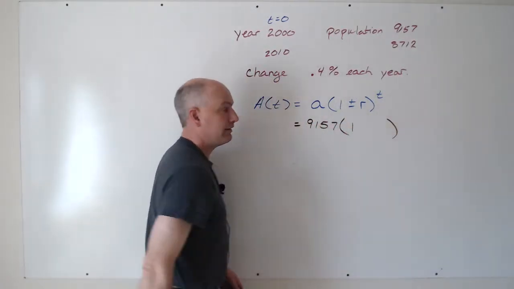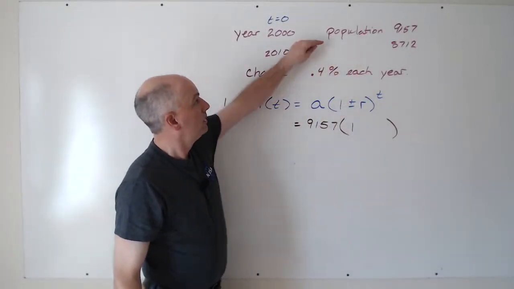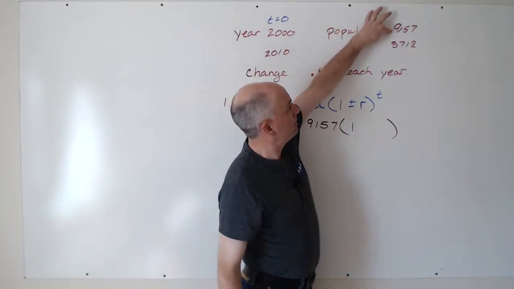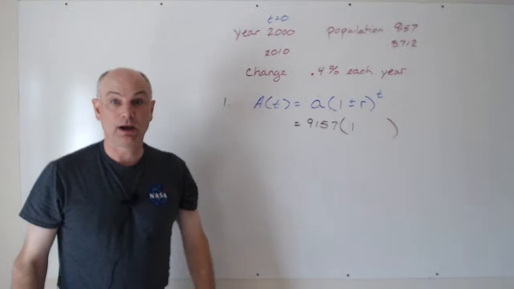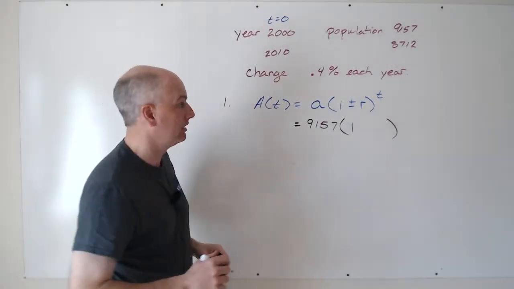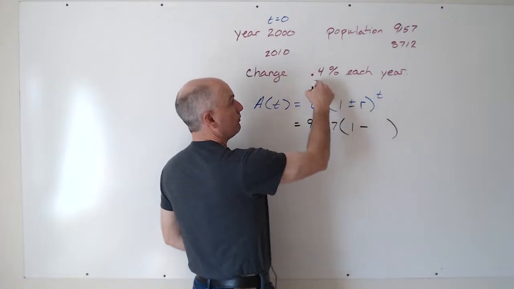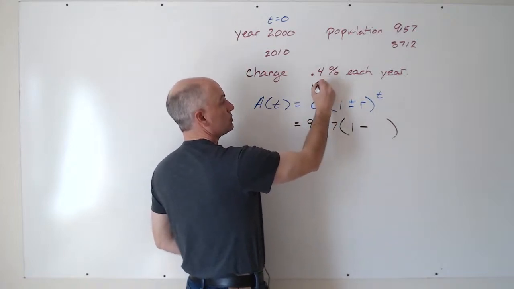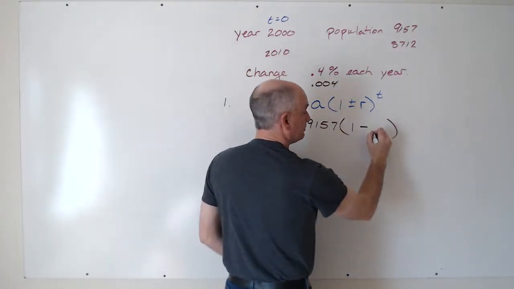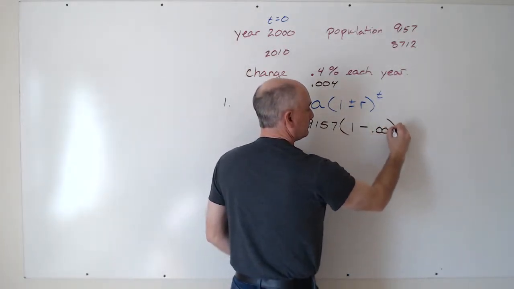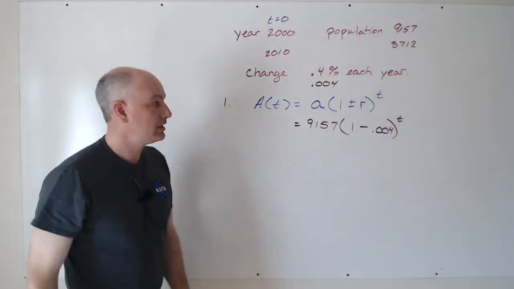Then I have to determine what's happening with this rate. Well, if my population is going from 9157 down to 8712, that has to be a decay. So I'm going to be subtracting that 0.4%, which is 0.004 as a decimal, and that's to represent any year t.